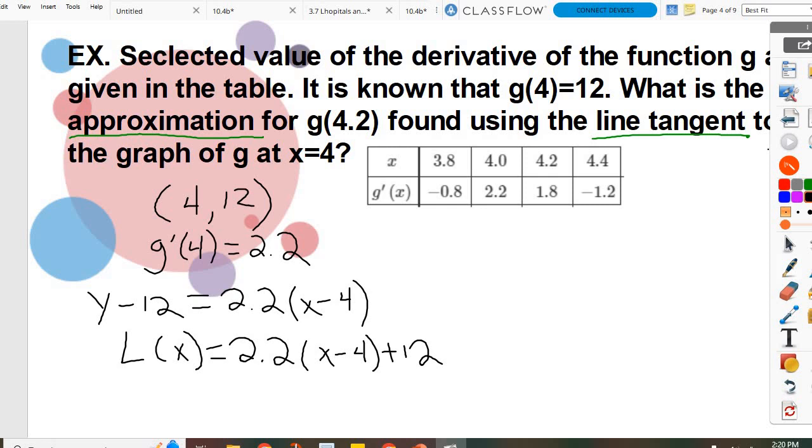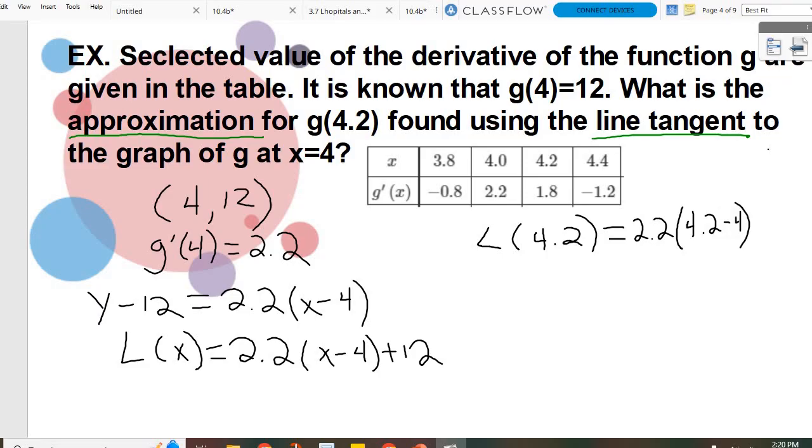That's just a subtraction. So what are we trying to approximate this time? 4.2. So that is what we are plugging in. So what is 4.2 minus 4? 0.2. Yeah. So we get 2.2 times 0.2.